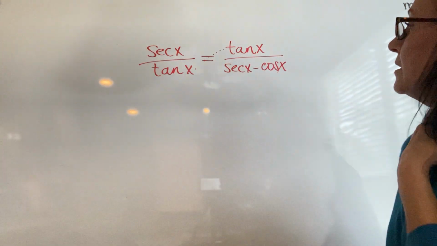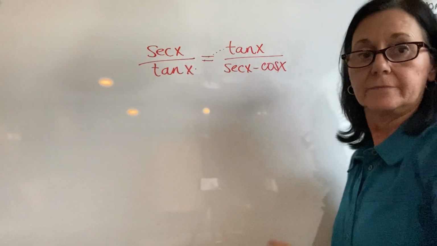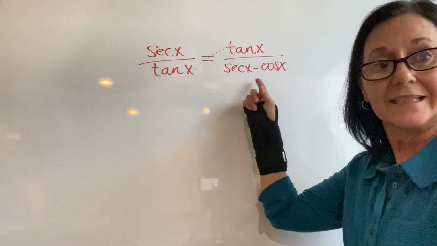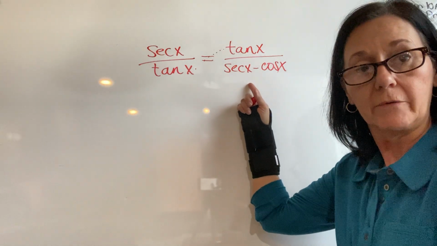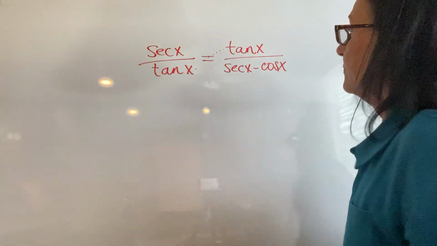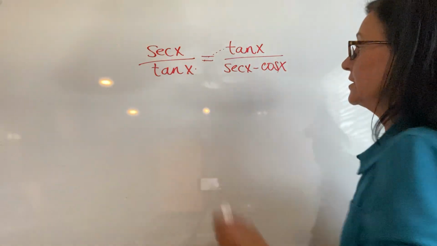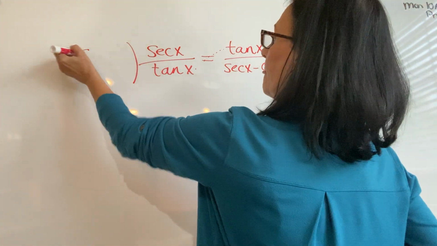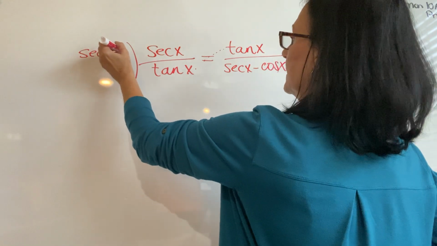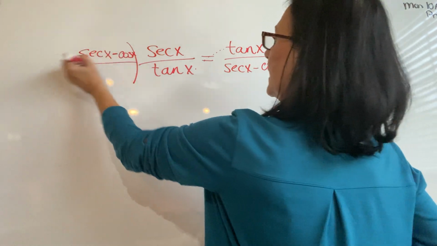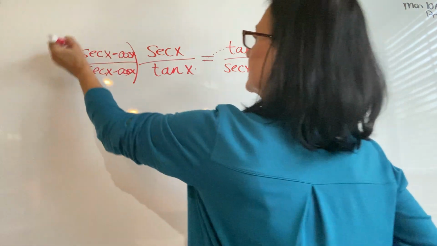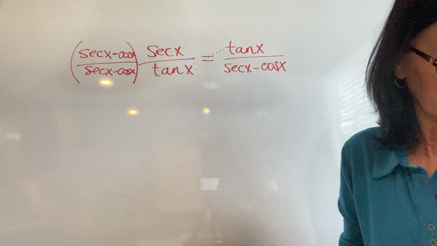All right, so because these aren't conjugates, because those means, I'm going to take this exact same, which is what we did when they were conjugates. I took that side and multiplied it over itself. That's what I'm going to do. I'm going to multiply by the secant x minus cosine x over secant x minus cosine x.